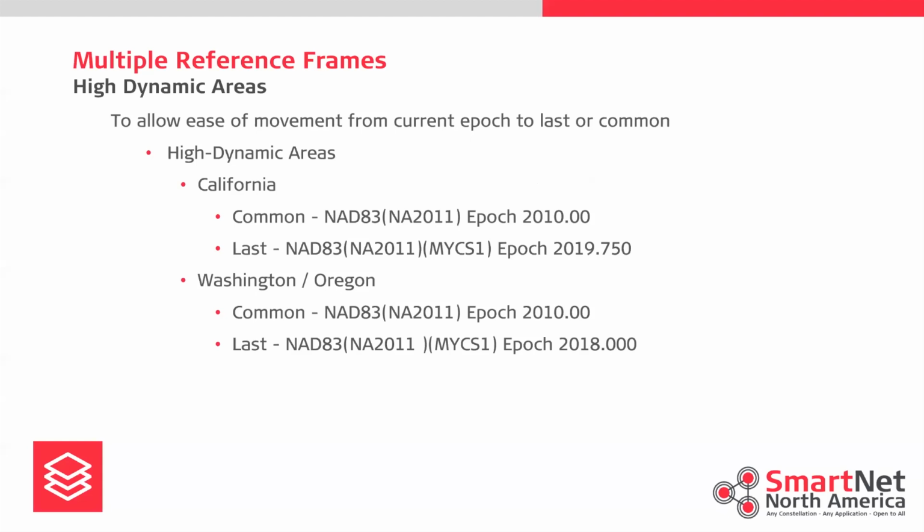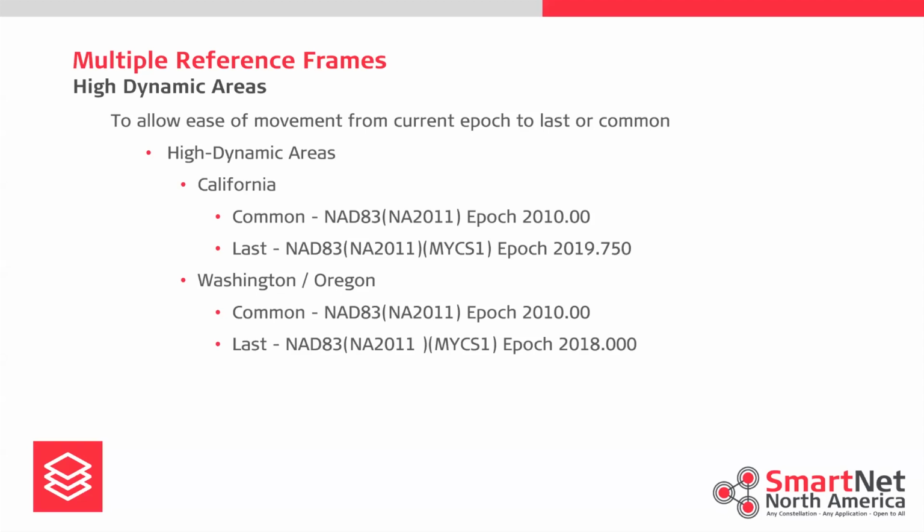So this is what we've done in California for 2+ years now, which is have the last epoch available. So in this case, as we move to NCRS2 epoch 2020, we will also have NCRS1 epoch 2019.750 available, or same thing in Washington.